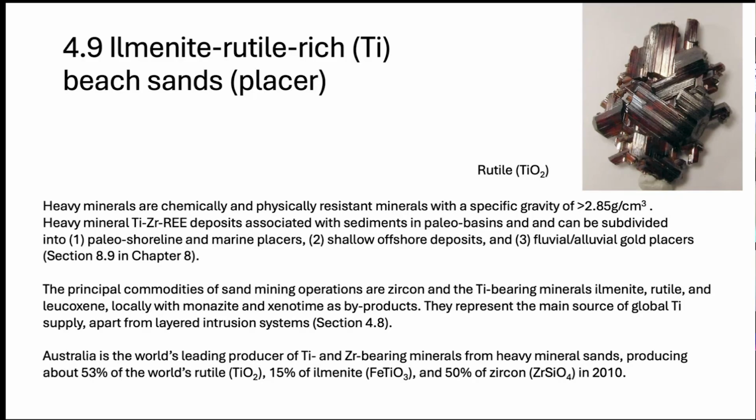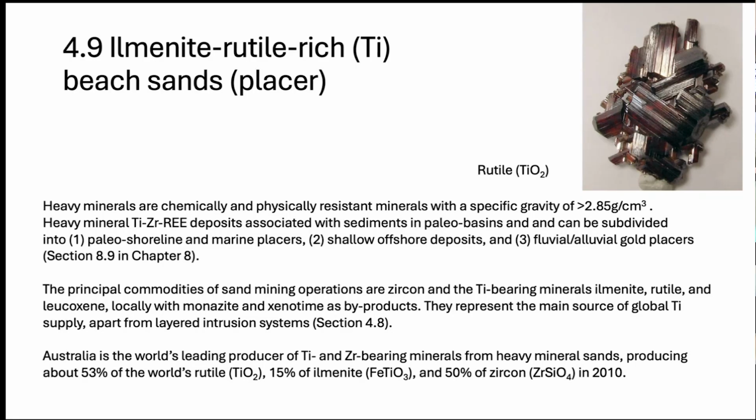And as it gets eroded, it gets rounded, and then it's heavy, so it gets concentrated in beach sands. So these are called heavy minerals. Heavy minerals is a way we talk about physically and chemically resistant minerals with a specific gravity of greater than 2.85 grams per cc.